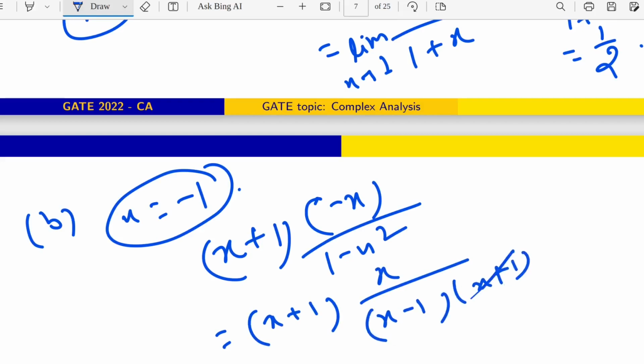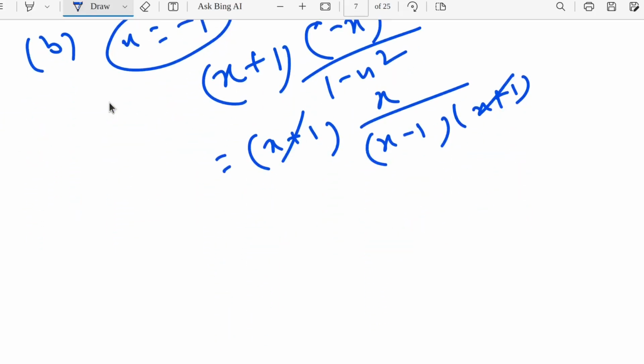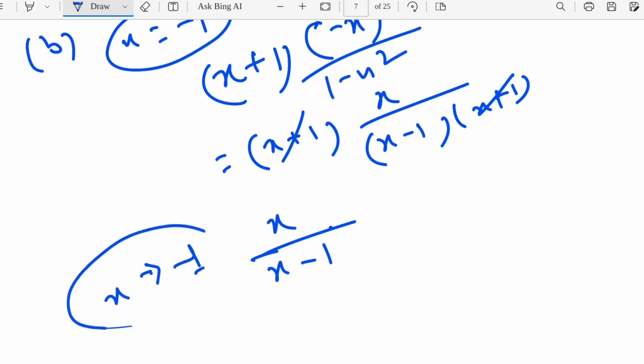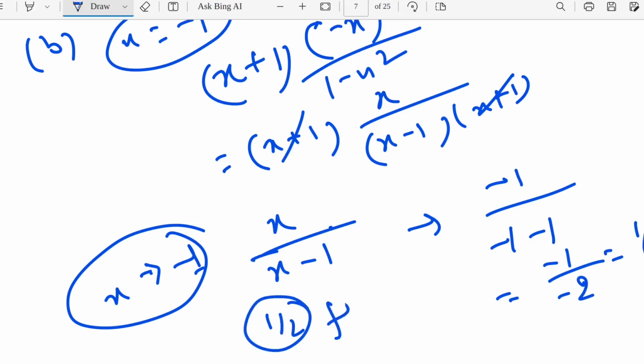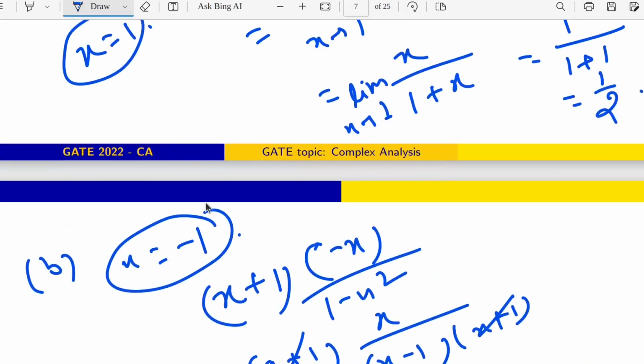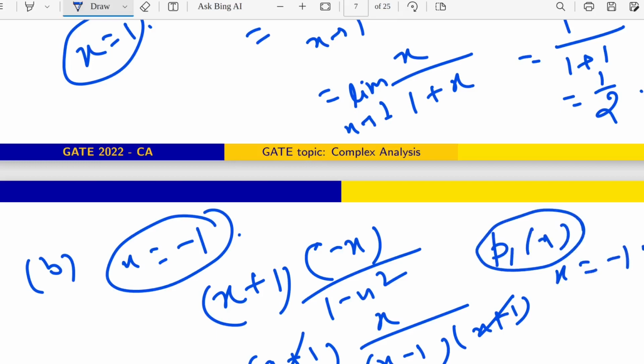Now x is minus 1, so it is minus 1 divided by minus 1 minus 1, that means minus 1 divided by minus 2, which is nothing but 1 by 2. This is a finite number, so obviously P1x has a pole of order 1 at the x equal to minus 1 point.